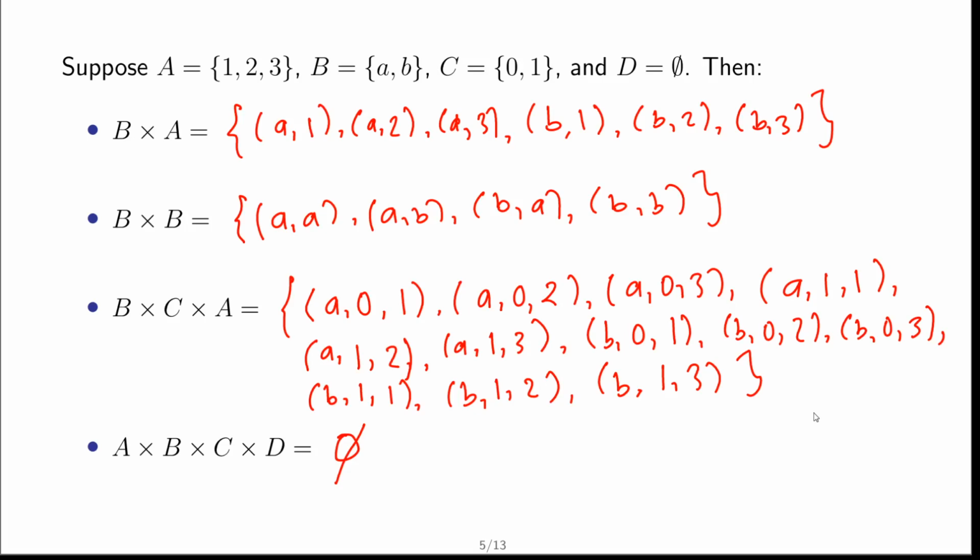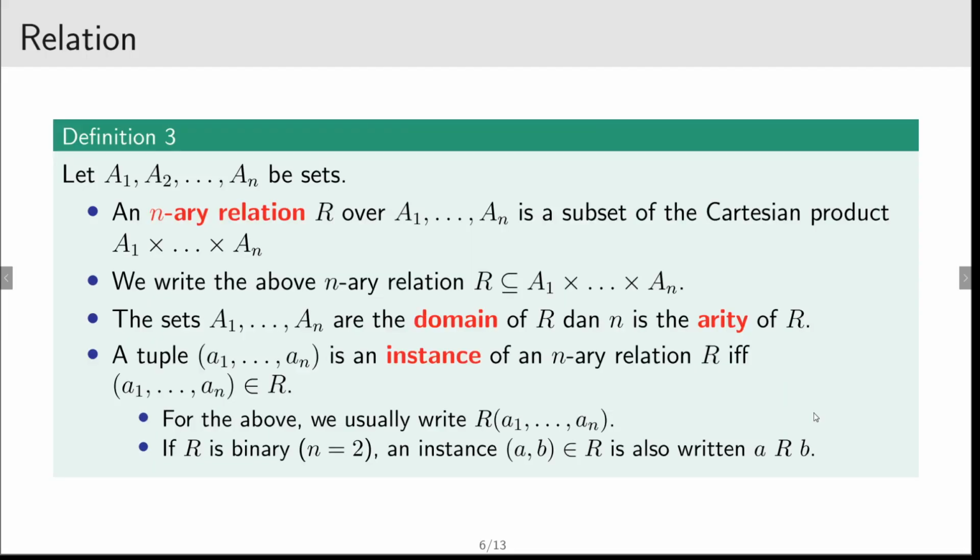Now we're done with this, and we will continue with the definition of relation. So let capital A1, capital A2, capital A3, and so on up to capital An be sets. Then an n-ary relation R over those sets is a subset of the Cartesian product A1 times A2 up to times An.